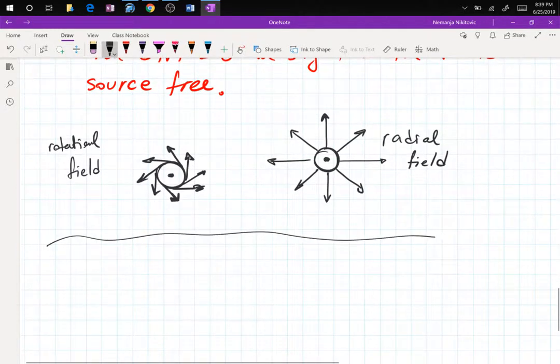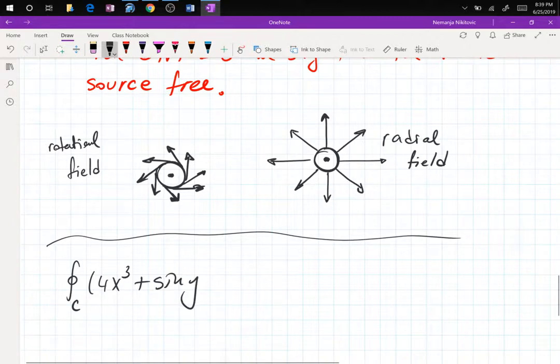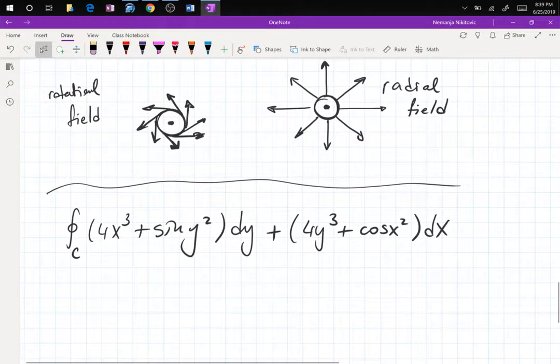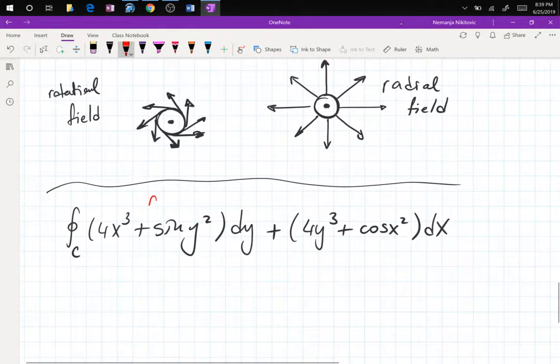So let's do another example. Let's say the line integral is given as 4x cubed plus sine y squared dy plus 4y cubed plus cosine x squared dx. When you look at this, this is your f, this is your g.